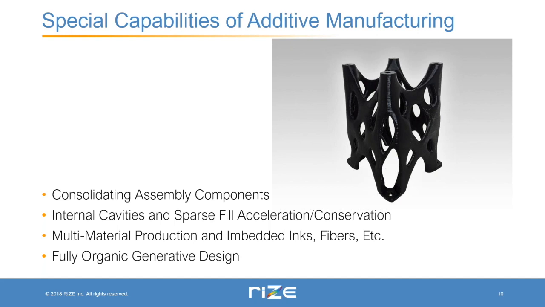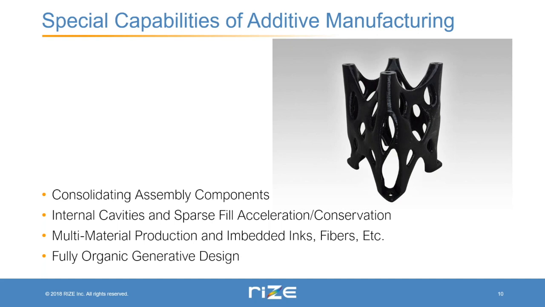Another thing to consider is that additive manufacturing can produce parts with internal cavities, which can't be done with many other manufacturing technologies. And also using a sparse fill, it's able to accelerate its production and conserve material, whereas any other manufacturing technology is going to be solid all the way through and use material to fill out any of its volume.